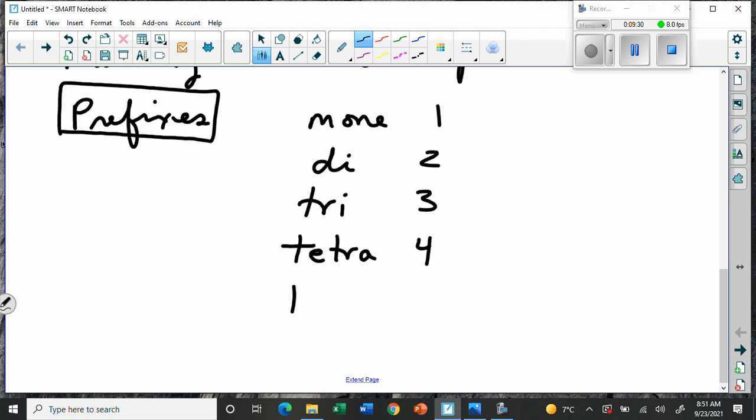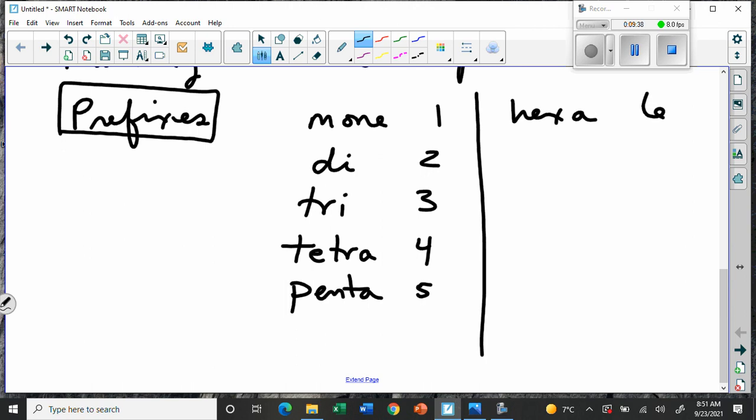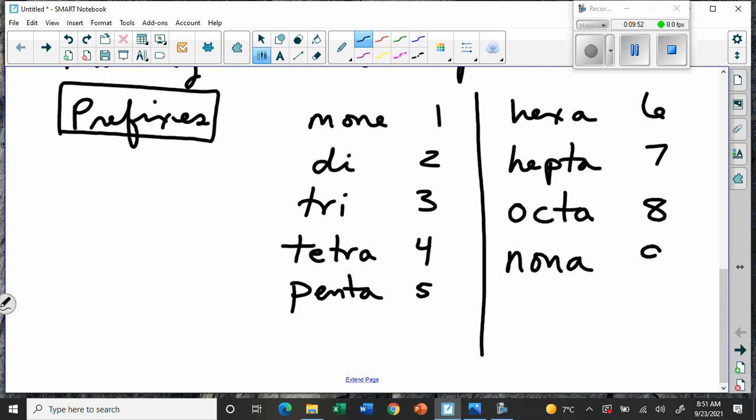5 is penta. And then hexa for 6. Hepta for 7. Octo or octa is 8. And nona for 9. And deca for 10.